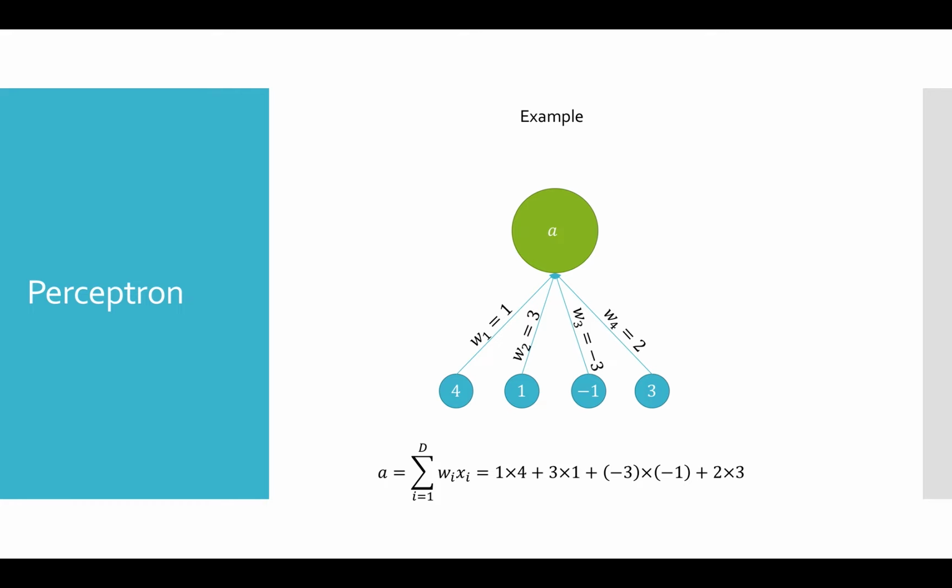So it's going to be weight 1 times feature 1, which is 1 times 4, weight 2 times feature 2, which is 3 times 1, and then we have -3 times -1, and 2 times 3, which is going to give us 16. So our activation is 16 in this case. With an activation of 16, the output of our perceptron would be 1, or yes, whatever our positive class is.